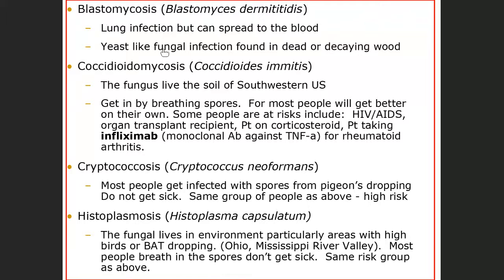Blastomycosis is usually found in people that go hiking, for example, around decaying wood. And then you have histoplasmosis. This is commonly transmitted through bat feces, if you will, and is found around the Ohio-Mississippi River, the Blue Ridge Mountain area.